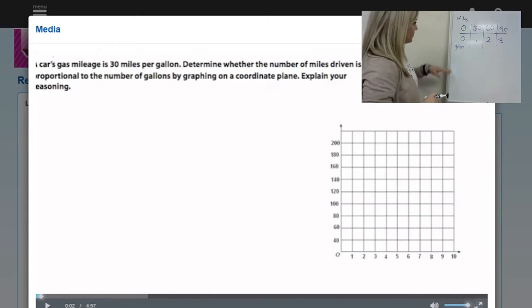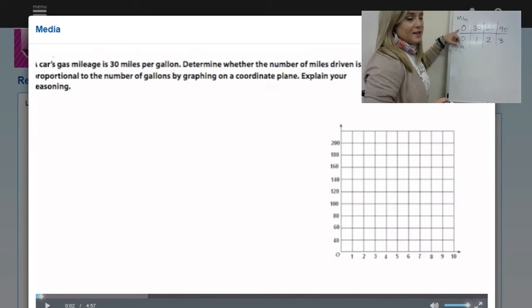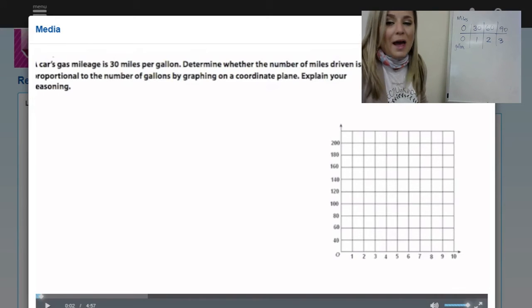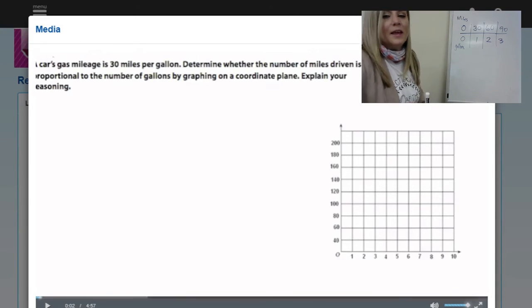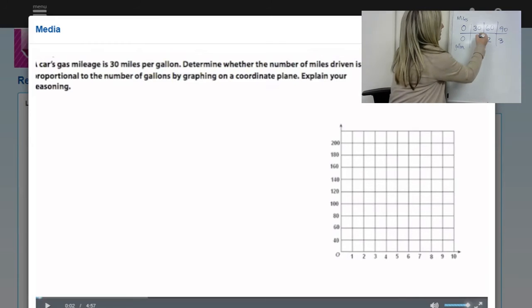Okay, now, since this is 0 miles, 0 gallons, it's going to pass through the origin, but not only that, it's going to make a straight line, because it is times 30 each time.